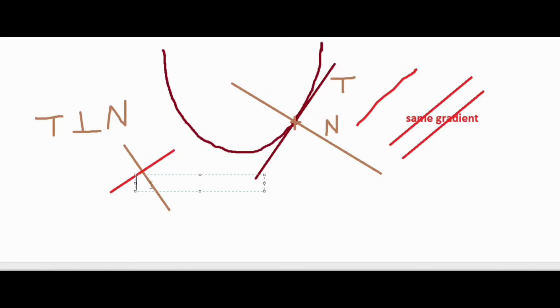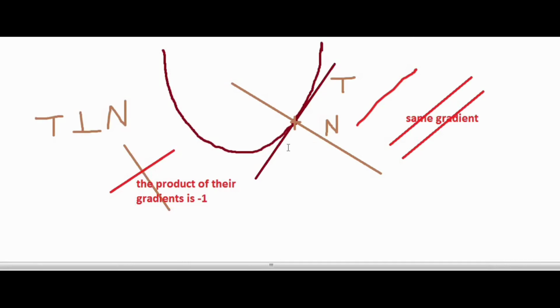And what is the concept of perpendicular lines? If two lines are perpendicular, the product of their gradients is -1.